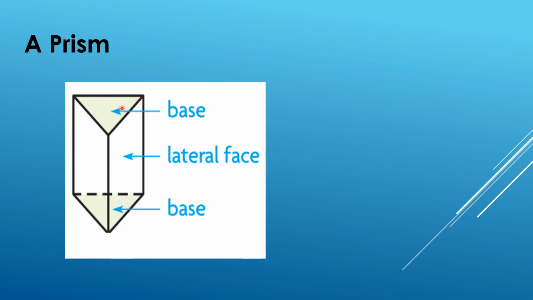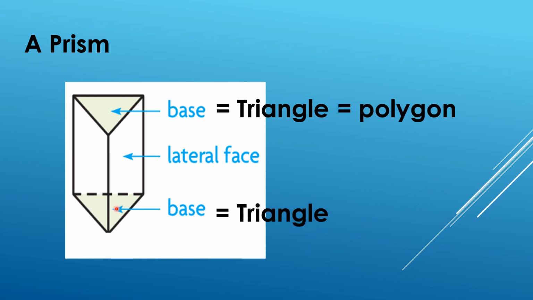This is one base, and this is another base. Now I want to remind you that this base is actually a triangle, right? This is the shape of this base. It's a triangle. And we studied before that a triangle is a polygon, right? So I can see that this prism has 2 polygons.